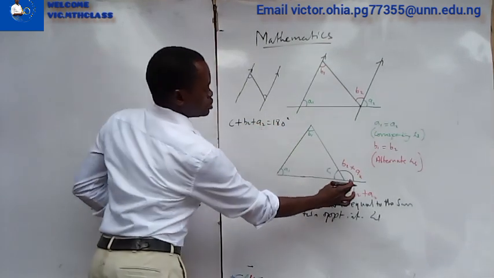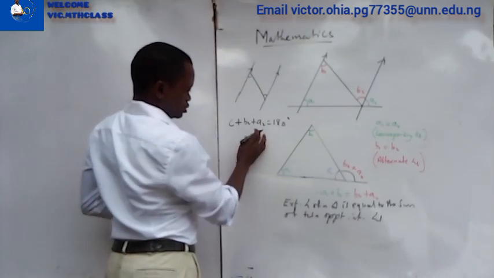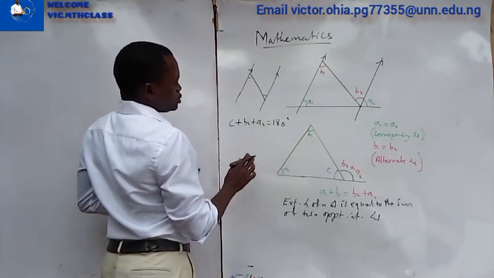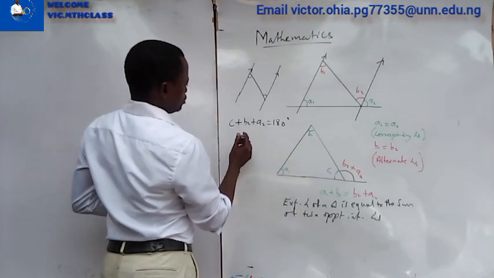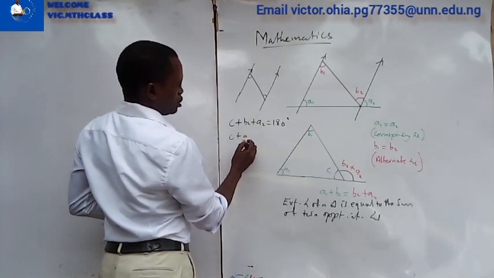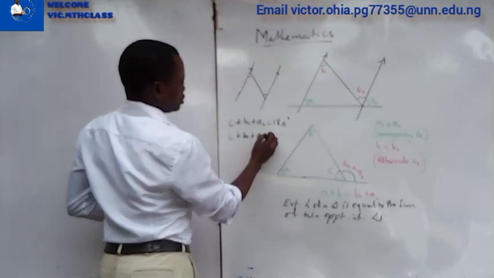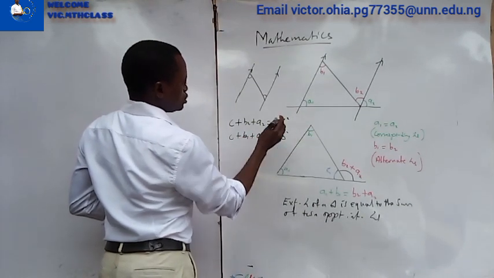Why? We say that this is angle on a straight line. This is 180 degrees for sure. All right. Do you also realize that this C again plus, let me take B1 first, B1 plus A1 is equal to 180 degrees.